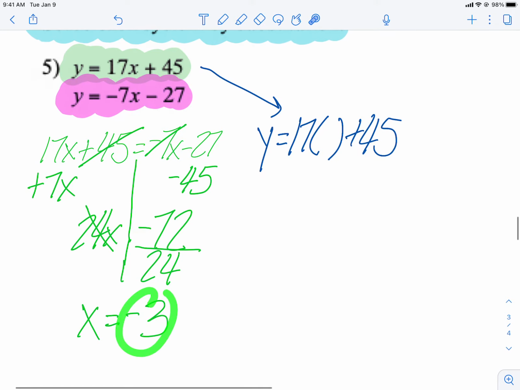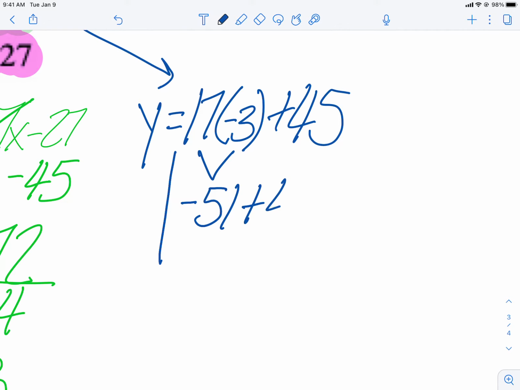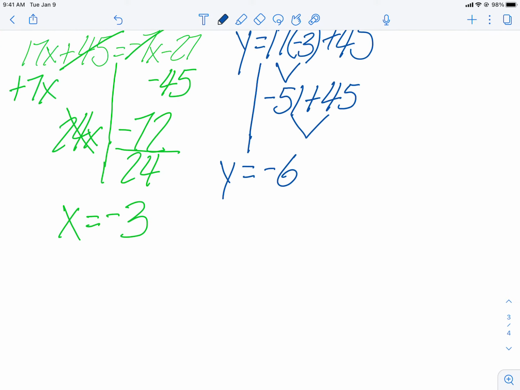X is negative 3, so it goes right in there. So I'm left with 17 times negative 3 is negative 51 plus 45. Negative 51 plus 45, different signs. 51 minus 45 is 6. Negative 6 because 51 is bigger.